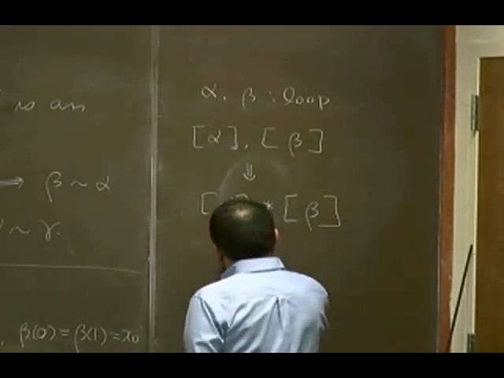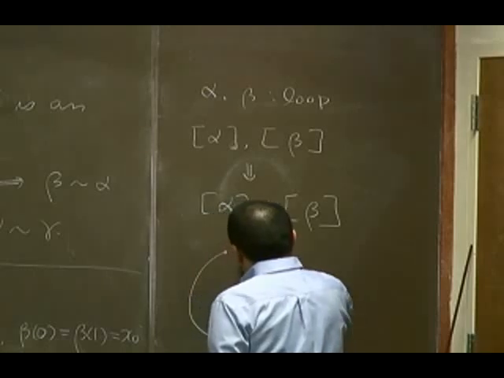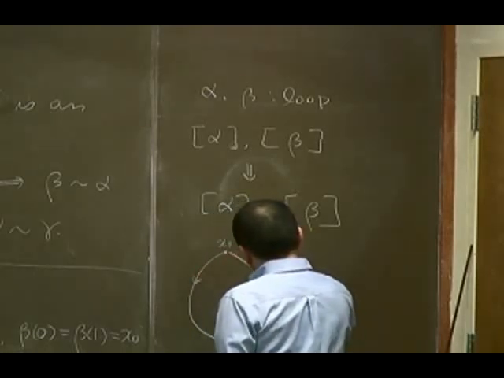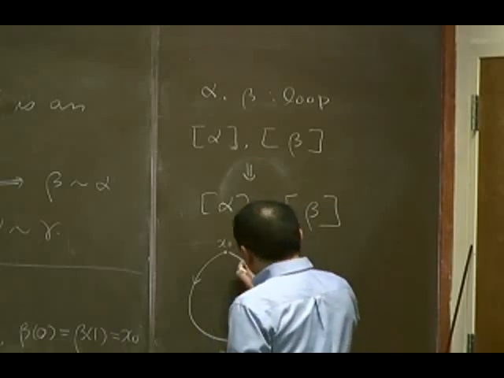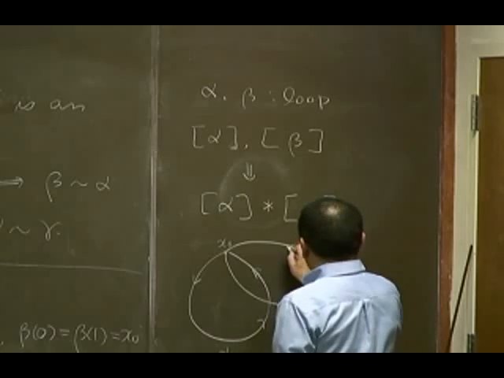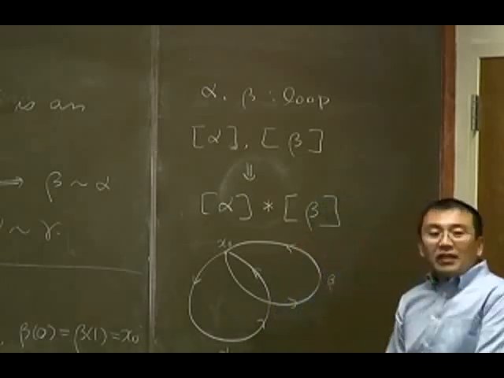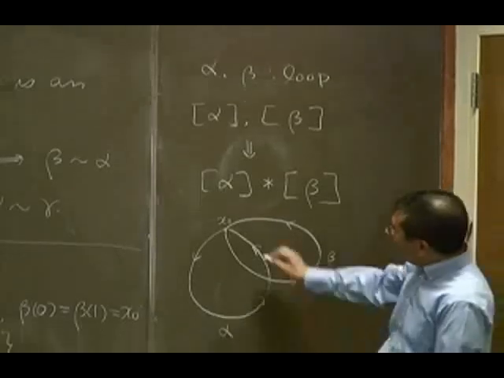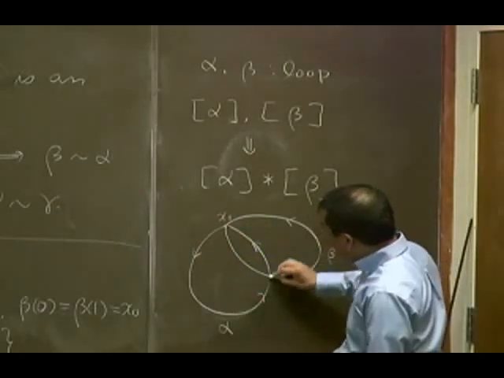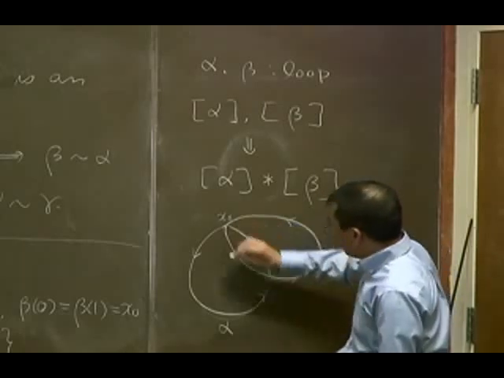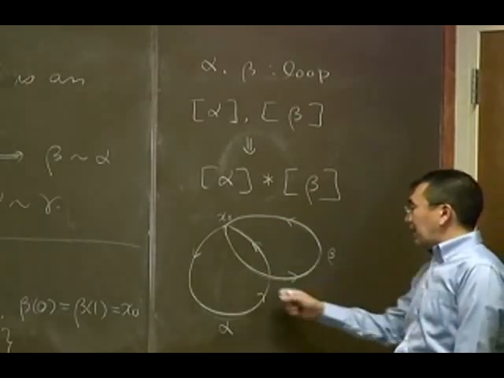If alpha is a loop starting and ending at point x naught, and if beta is also a loop starting and ending at the same point, then clearly we can define composition of the two. That is, we can start from here, come back to x naught, and then go again from x naught to x naught through beta.